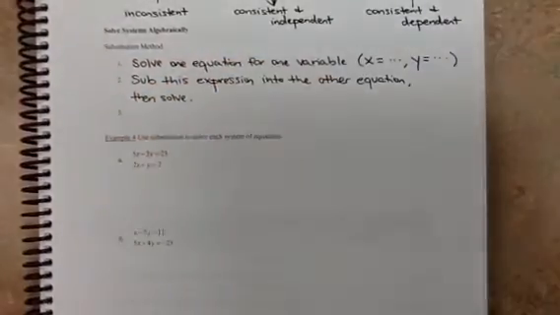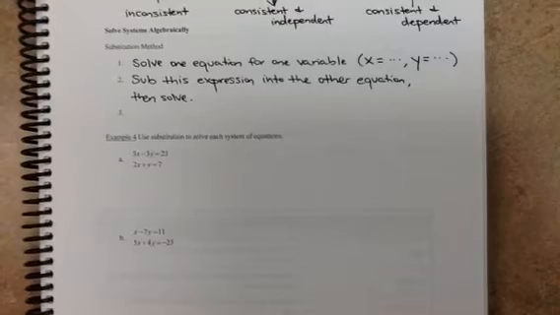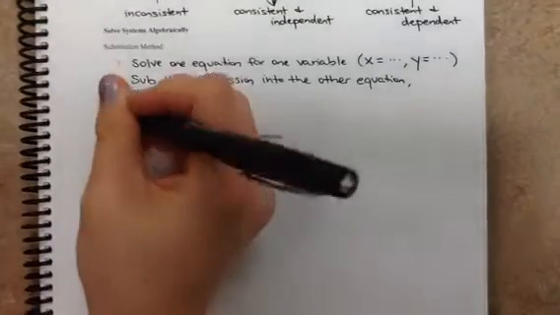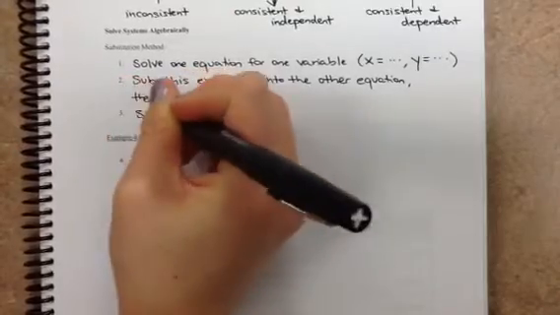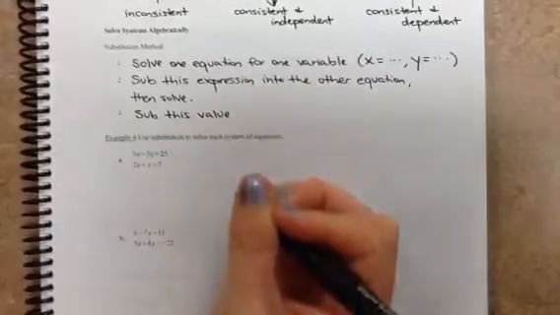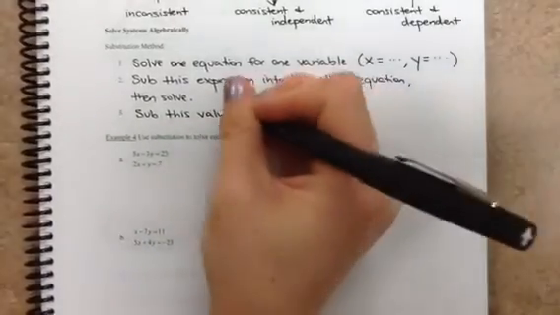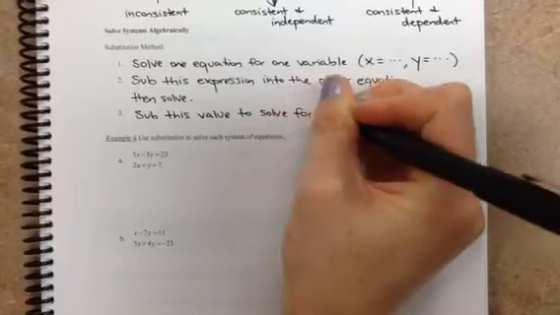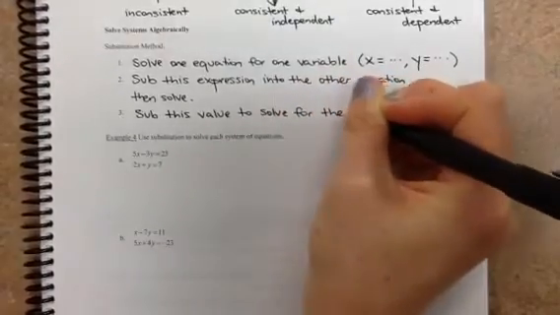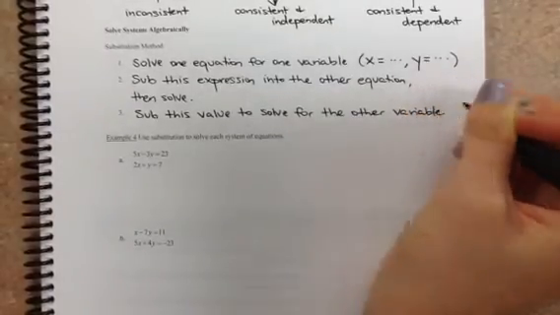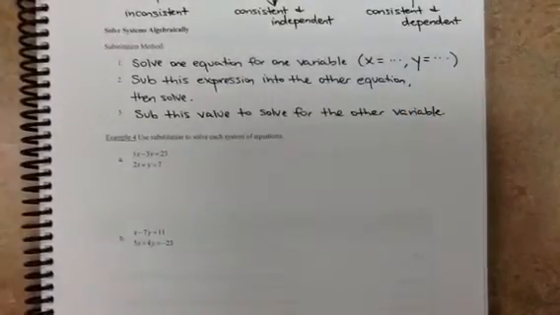Okay, so you'll get it to a point where you only have one variable, and when you only have one variable, then you can solve for it. Okay, then step 3: sub this value in to solve for the other variable.